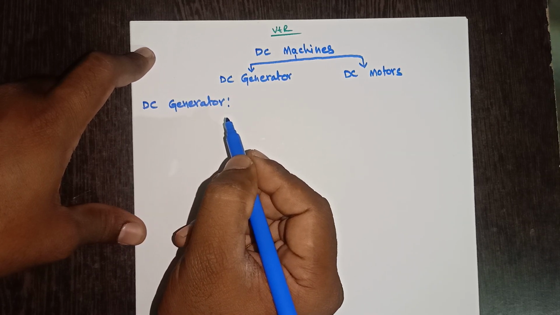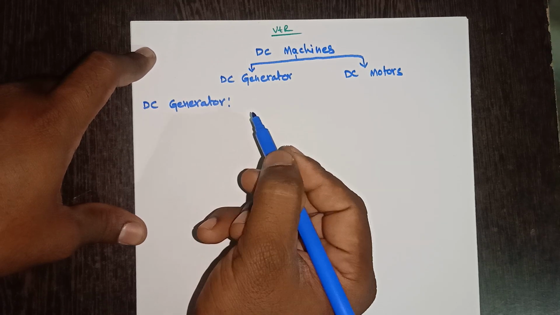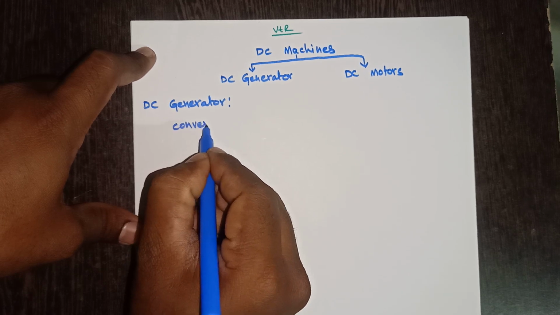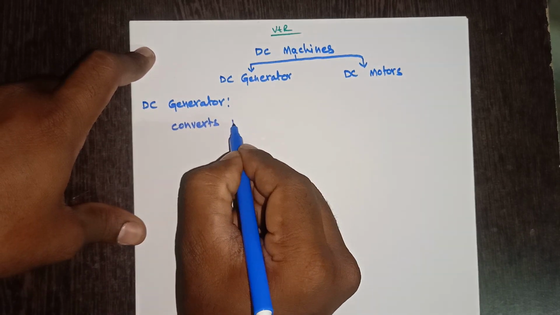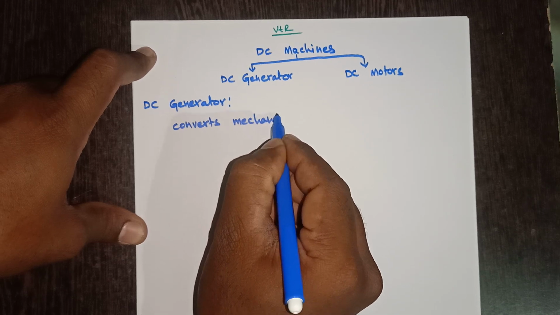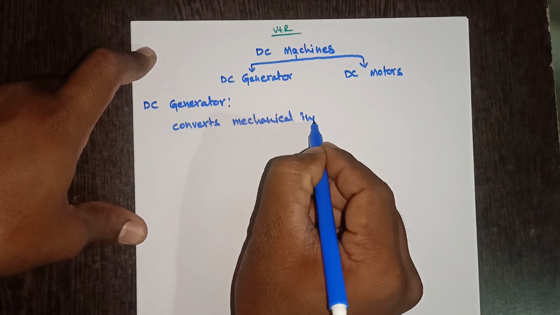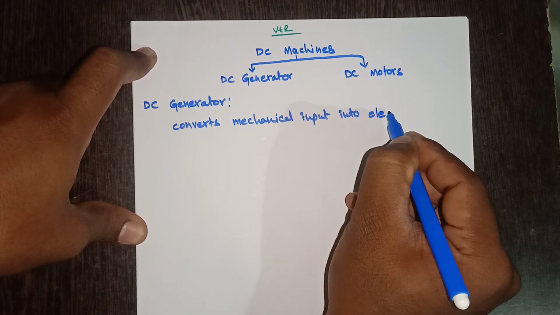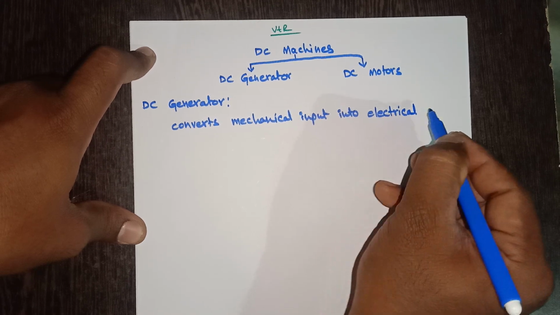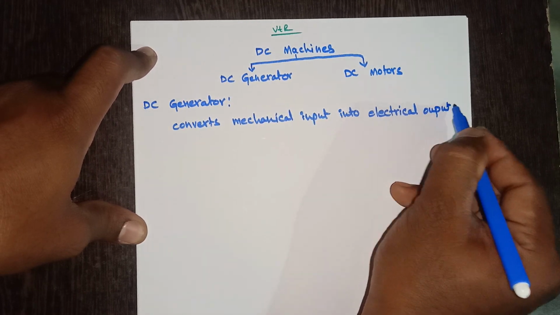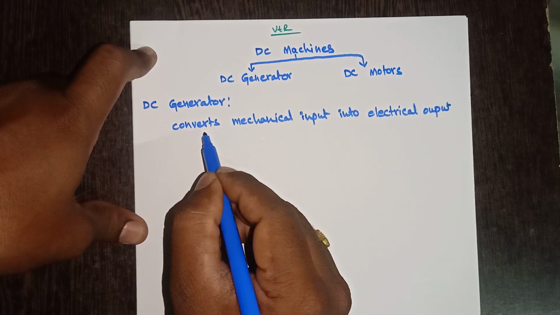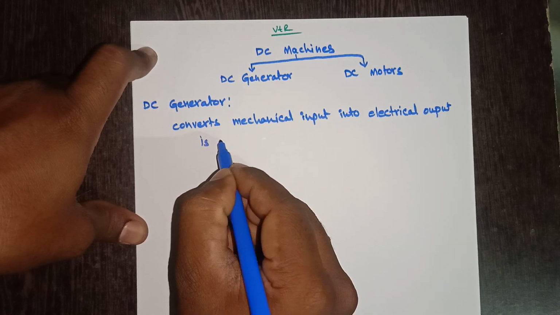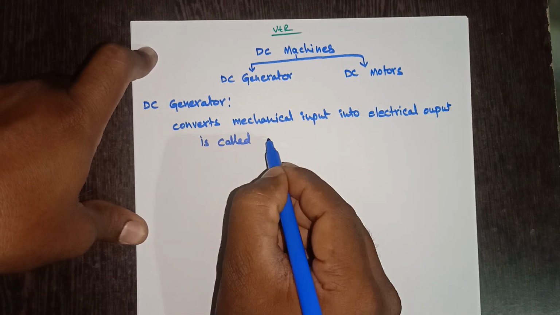Which converts mechanical input into electrical output is called a generator.